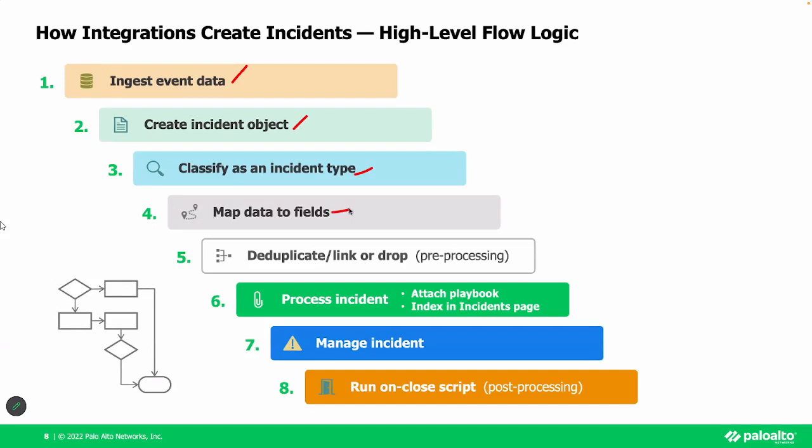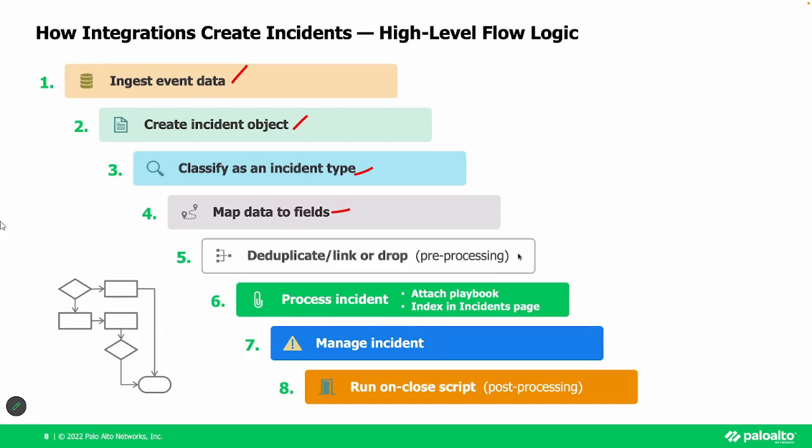This is usually done in the layout builder. This map data to field is about receiving the raw data and extracting the information you need to make the solution up and running and working.